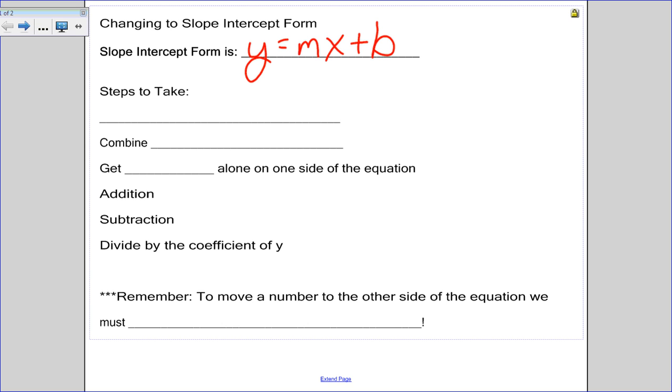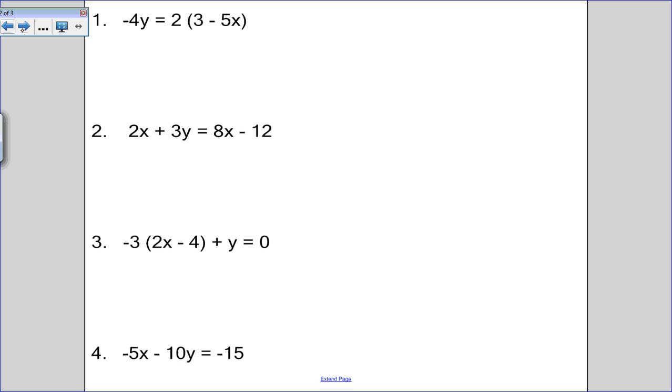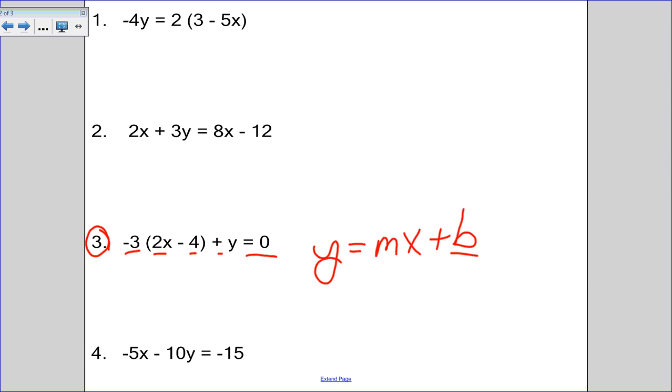Okay, so when we're talking about changing to slope-intercept form, that means we are looking at things like your practice problems here, okay? We are looking at equations where we have a lot of things going on. And when I look at this, does it look like it's written y equals a number times x plus or minus another number?